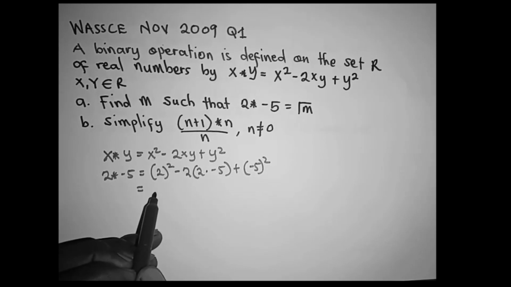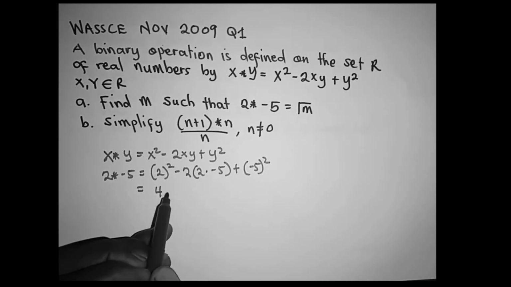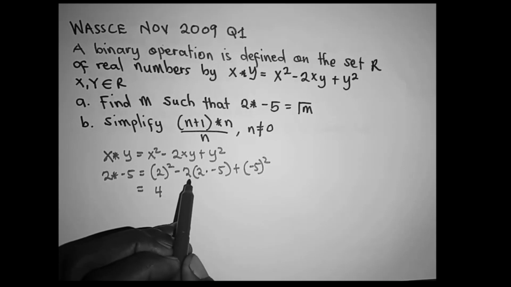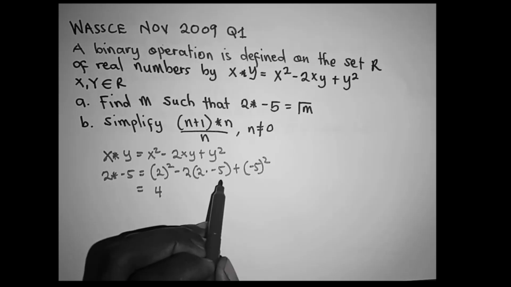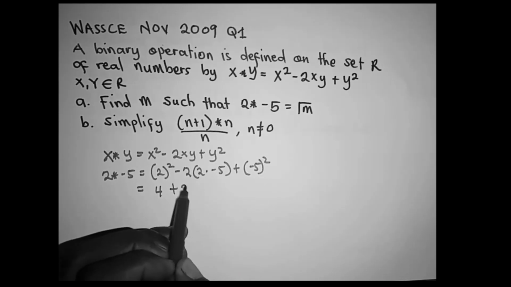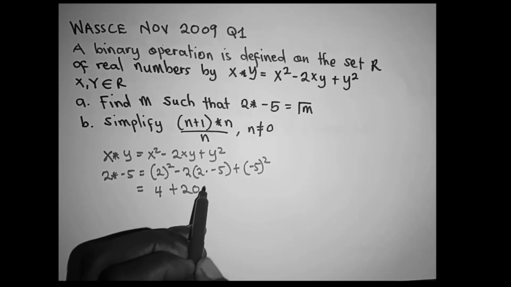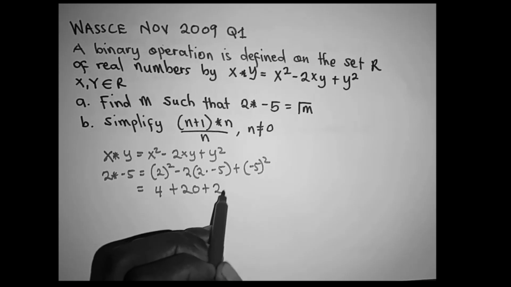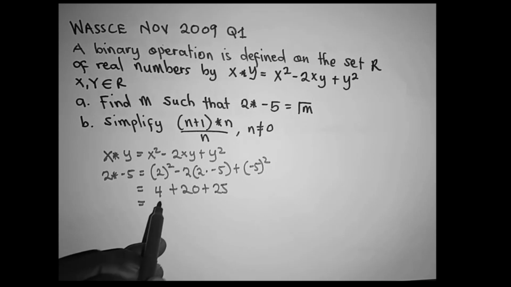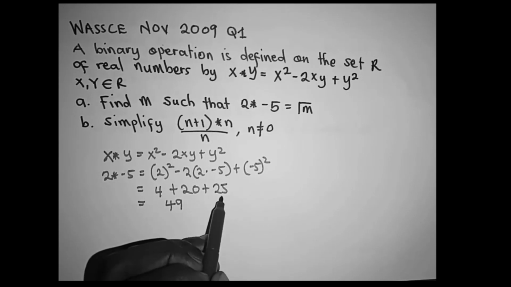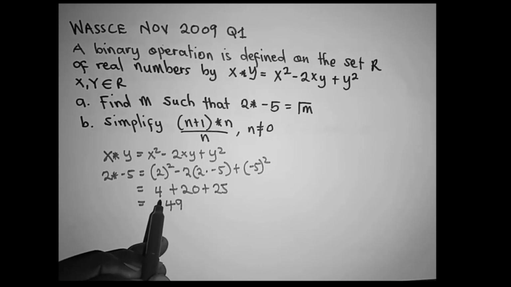This is equal to 2 squared is 4. Then minus 2 times 2 is minus 4. Minus 4 times minus 5 becomes plus 20. Then plus minus 5 squared is 25. And this is equal to 49. 20 plus 25 is 45, plus 4 will give us 49.